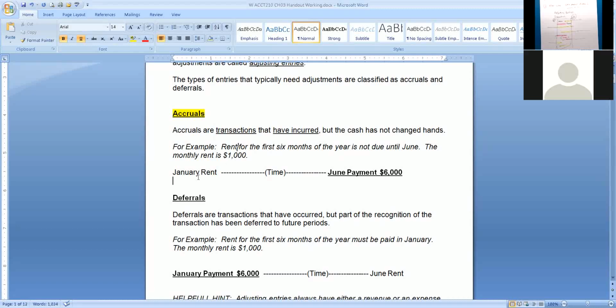Now we moved in and we're renting the place. So that transaction has happened. However, we just haven't paid the cash yet. So that's an accrual. And accruals, the usual one that you'll see will be payables or receivables.